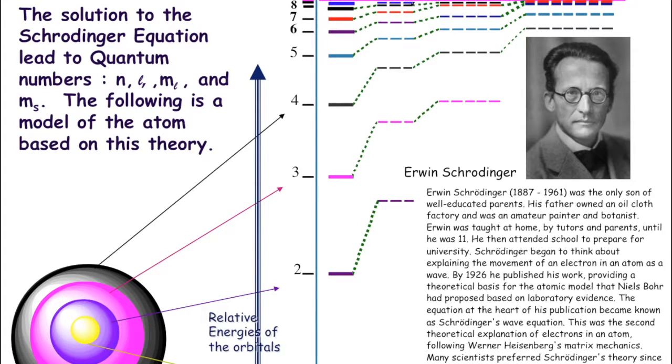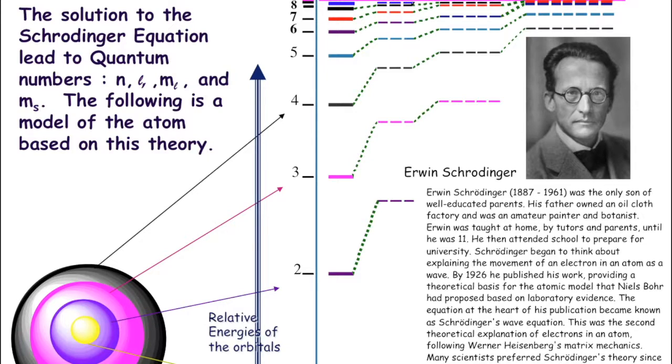In fact, he published his work in 1926, and he gave a theoretical explanation of the electrons in an atom and said that these things can be visualized as a wave.